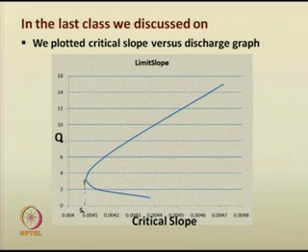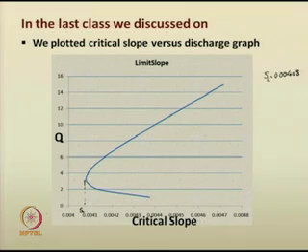If you are able to recall, this is the limit slope. For that particular problem, SL was around 0.00408. Now, your actual bed slope in the problem can be either less than the limit slope or greater than the limit slope.